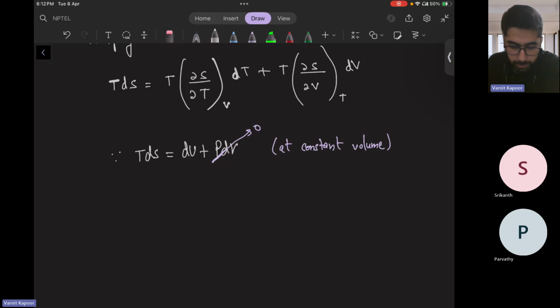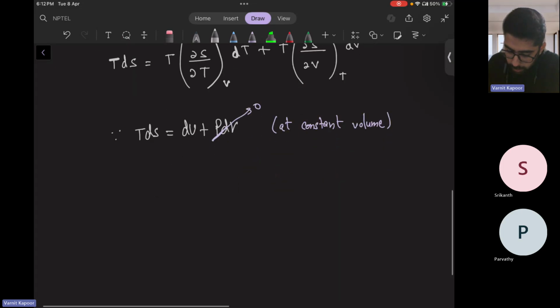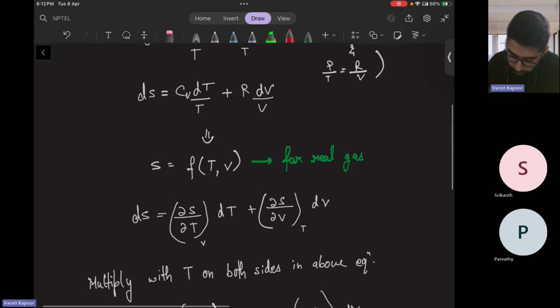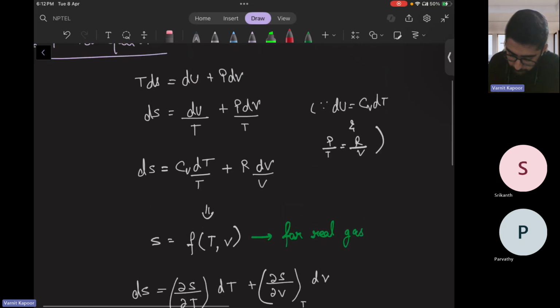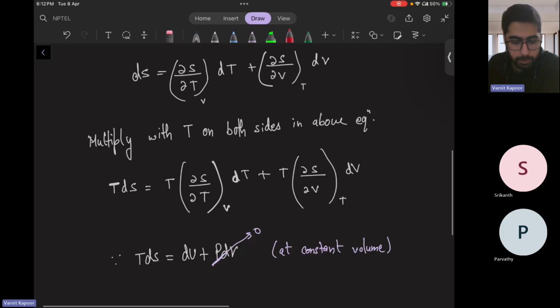All right. Now, what can you write? If you observe one thing here, you have this relationship here, and you have this relationship which you have got from it. Now, if you want to compare the two terms, what will you get?